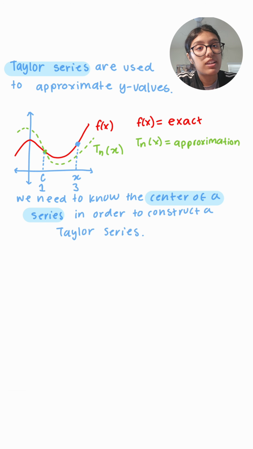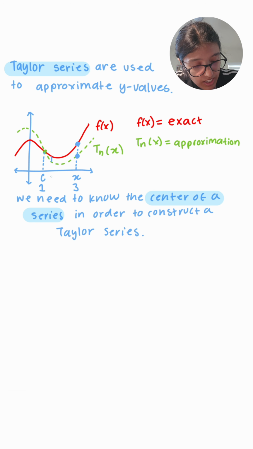Now, the approximated y value when x is equal to 3 is right over here on that green curve. As you guys can see, that is a pretty big difference between the approximated y value and the actual y value. So a point to note is that the farther you go away from the center, the more discrepancy there will be between your approximated value and your y value.